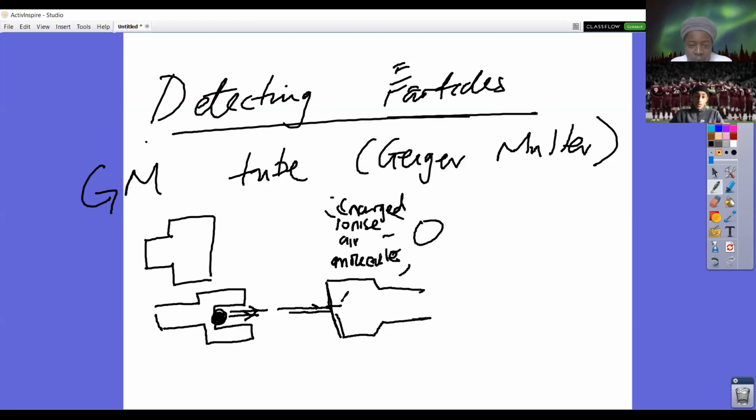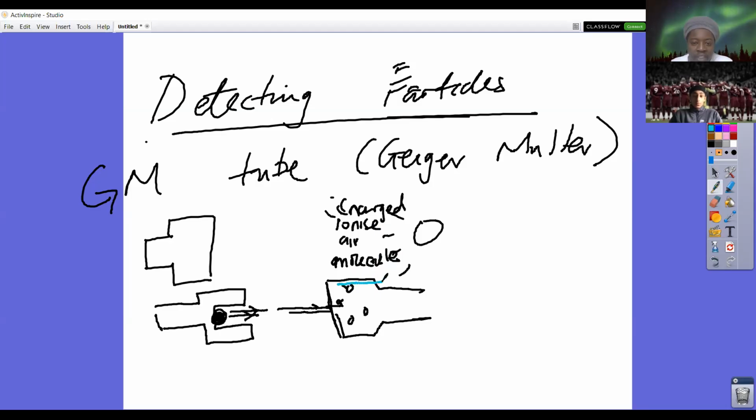So imagine an alpha particle goes inside here. What the alpha particle is going to do is knock off electrons from the air particles which are in the tube. Now this tube is so designed that it is able to accelerate or move these charged particles. This is a very rough schematic, just to make it more illustrative.